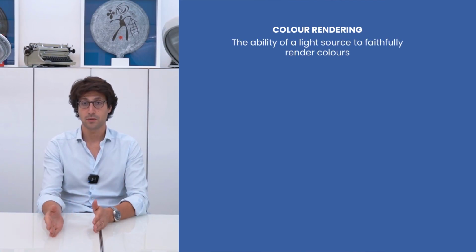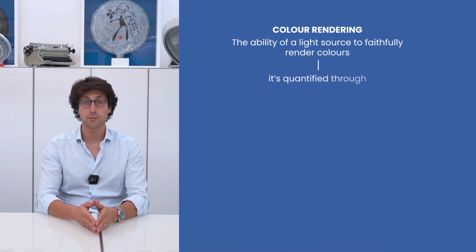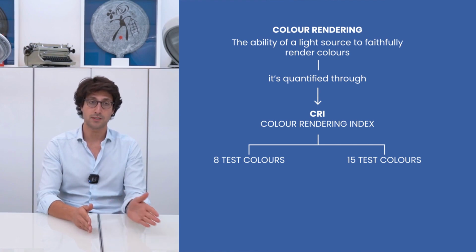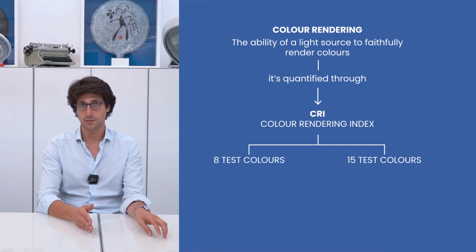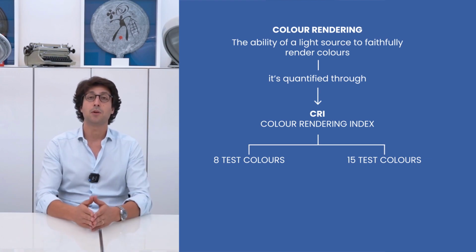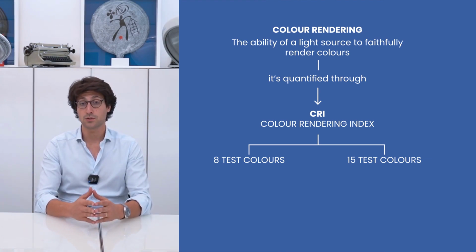We have also discovered that the color rendering index is the standard method used to evaluate and measure color rendering. Moreover, we explored two tests for assessing the color rendering index. The first test uses 8 test colors and is considered the standard, while the second test employs 15 test colors and is referred to as the extended version.